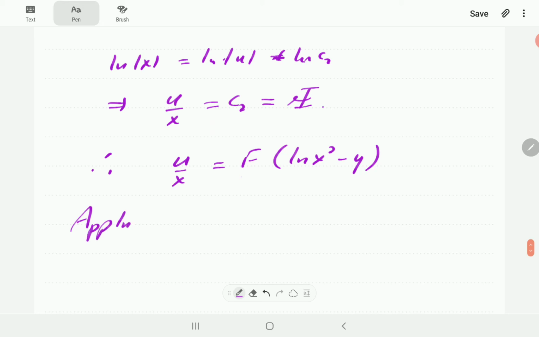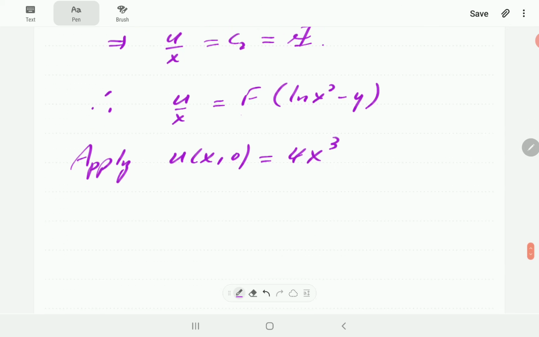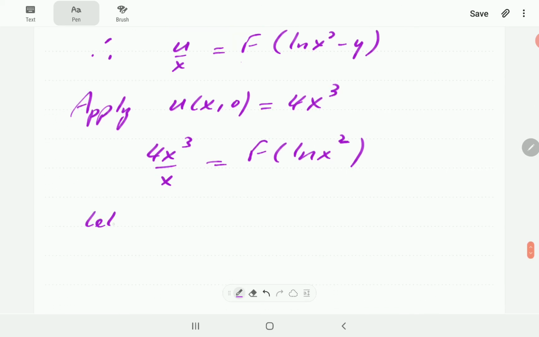Then we're going to bring in the condition that when y is equal to 0, u is 4x cubed. So we're going to plug in 4x cubed in the place of u here, and then we're going to plug in y is equal to 0. Then again we're going to let a new variable xi be ln x squared.